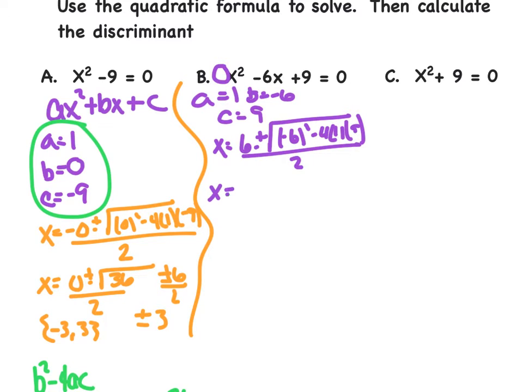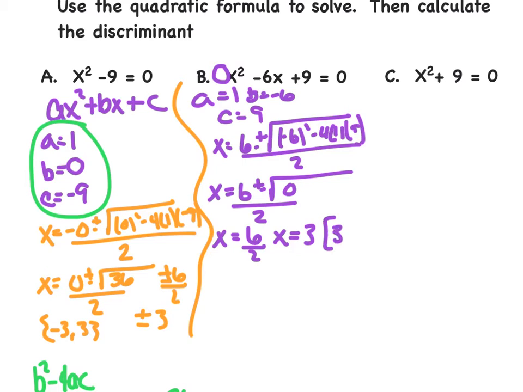So I get x equals 6 plus or minus the square root of 36 minus 36, which of course is just 0, divided by 2. So I get x equals 6 plus or minus 0, which is nothing, divided by 2, x equals 3.